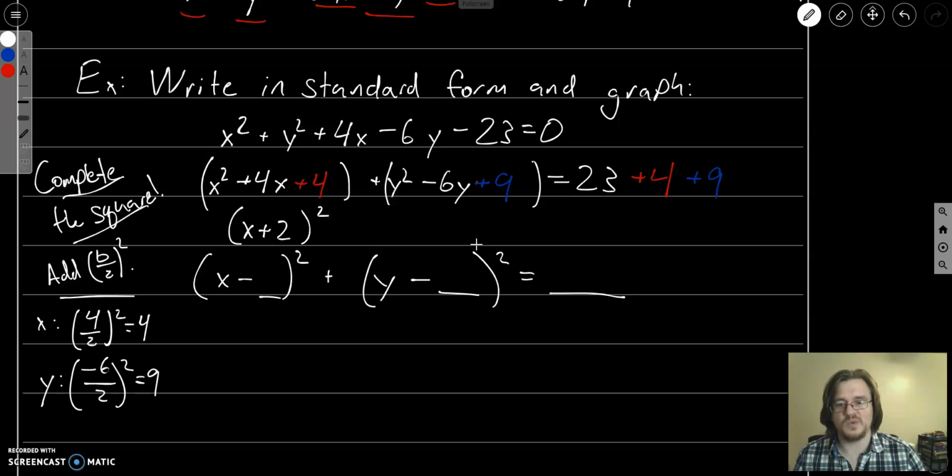Here, what you'll notice is that this is going to be y minus 3 squared. Again, y squared, minus 3 quantity squared is 9, and then y times negative 3 and negative 3 times y adds up to negative 6y. So everything here is simplifying, and then on this side we've got 23 plus 4 is 27, plus 9 is 36.